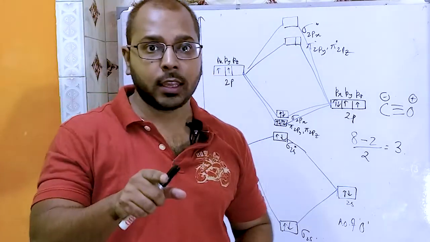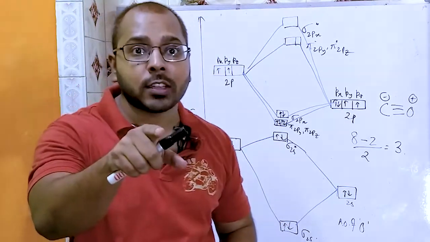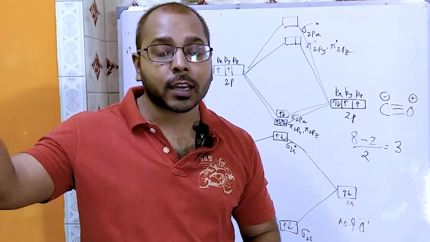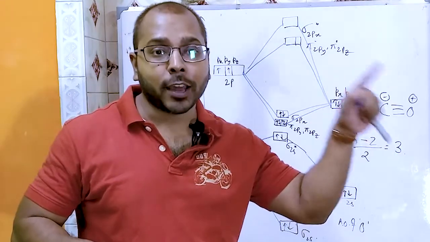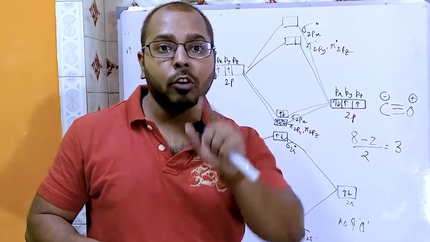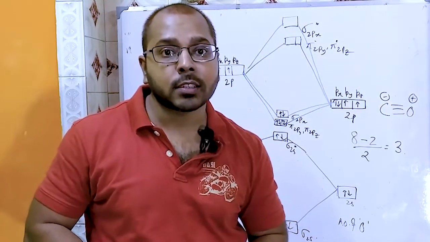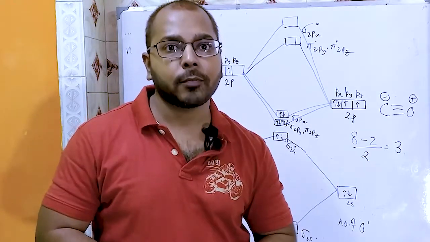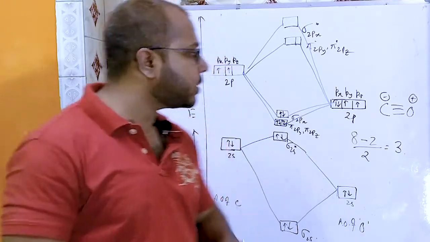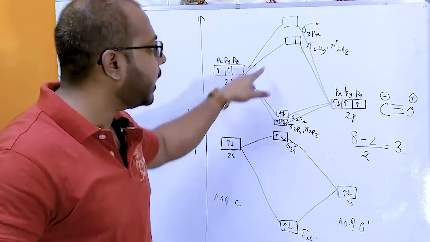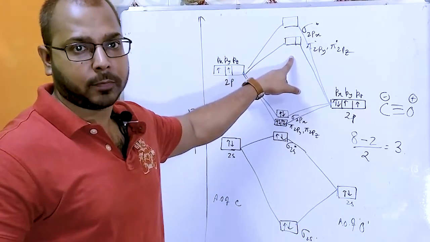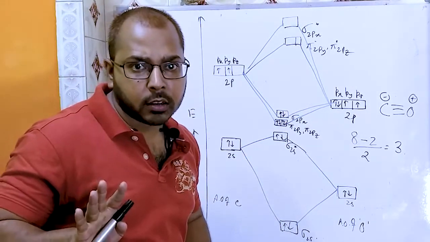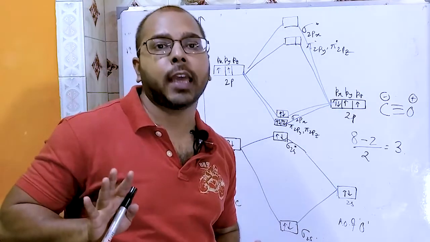That's why in coordination chemistry, I have told you in my VBT class, in the valence bond theory video, that carbon monoxide, CN minus, ethylene diamine, all these are strong field ligands. Why? Because they are sigma donors and pi acceptors. If you are a sigma donor and pi acceptor, that means you are a strong field ligand.